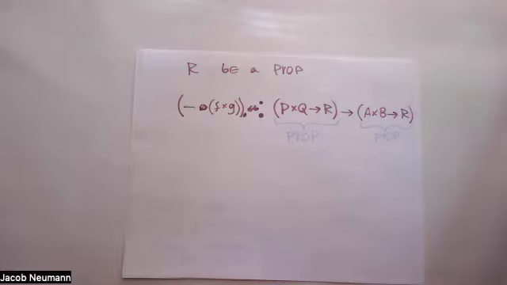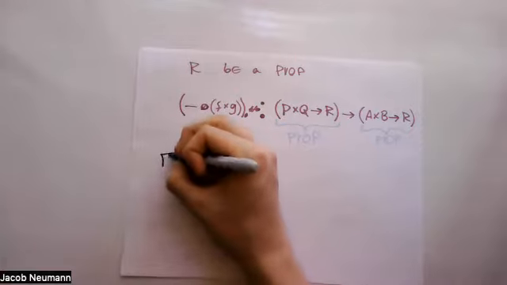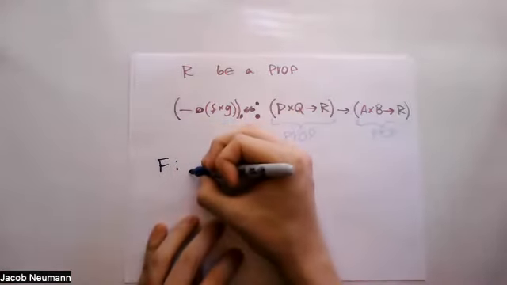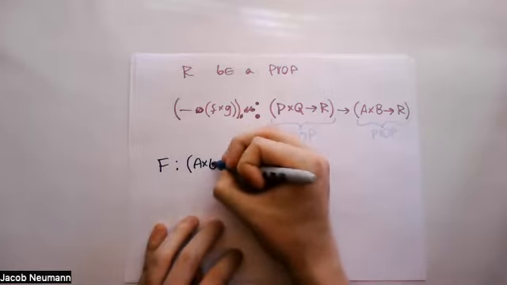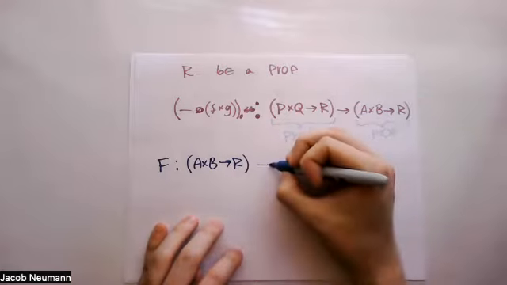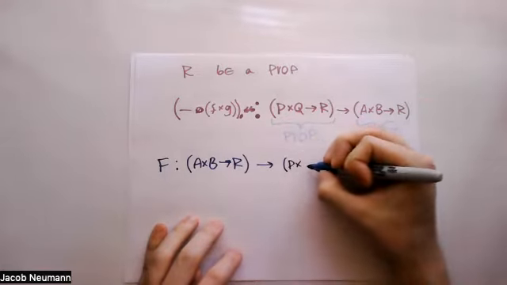So we want a map from A times B arrow R into P times Q arrow R.